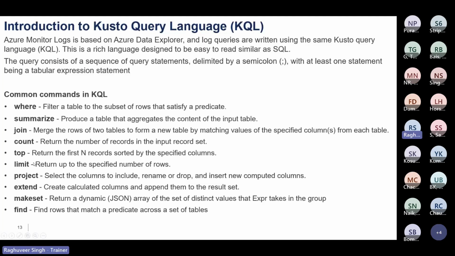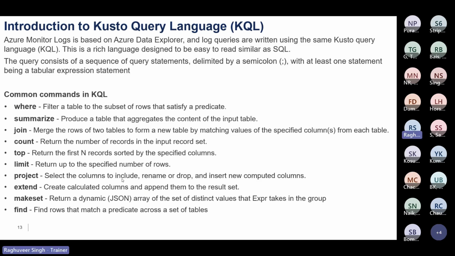Similarly, we have top, which returns the first n records sorted by the specified column. Top we have already seen, wherein we used the top command to return the top 50 activity logs from Azure.